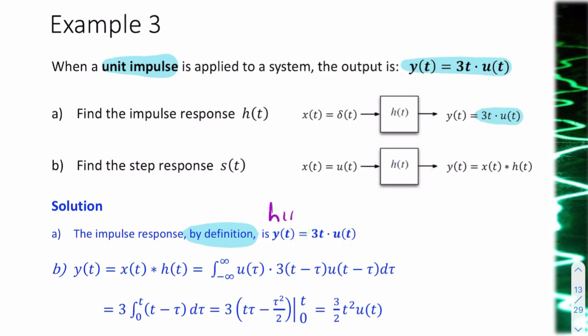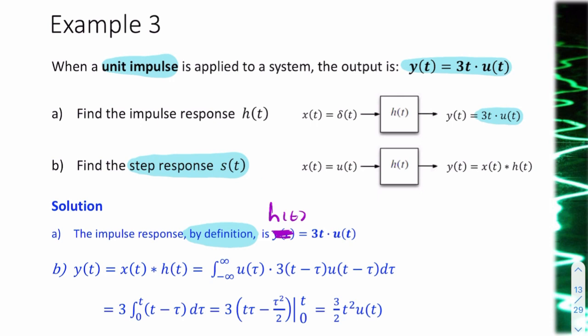So it's h of t equals 3t u of t. The second part says find the step response. So you can probably guess what the step response means. The step response, and we call this S of t generally.